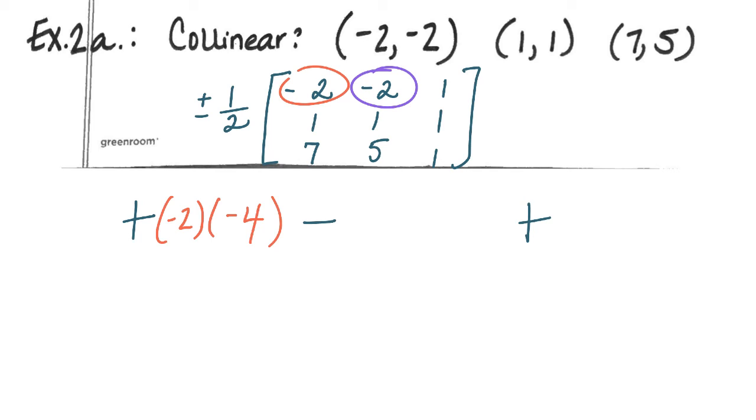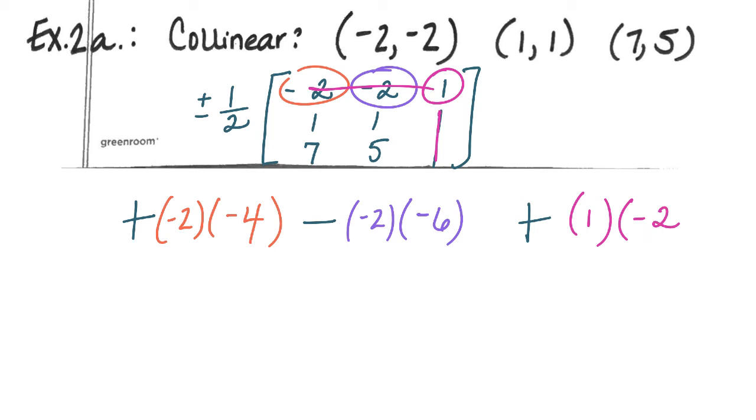And this cancels out. And I have 1 minus 7. So I'm going to take the -2. And 1 minus 7 is -6. Next row, I'll do in pink. Cancel, cancel. I'm going to take this 1, and I have 5 minus 7, which is -2. So I end up with 8.